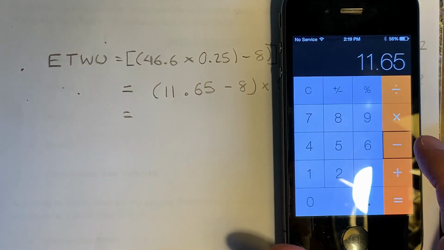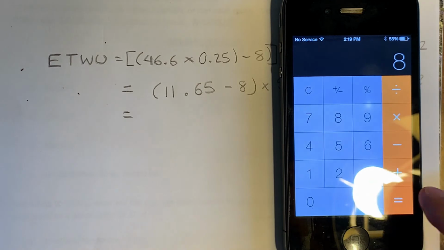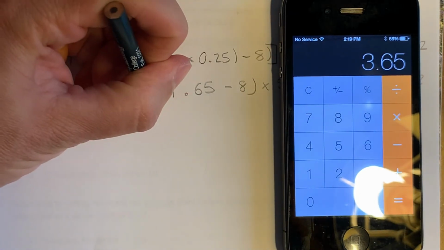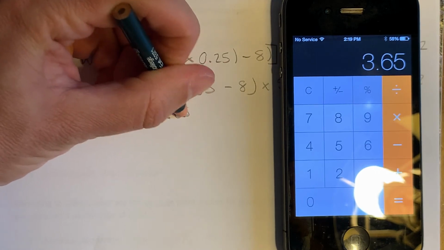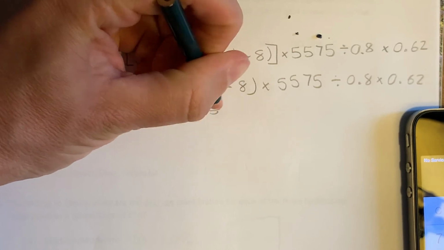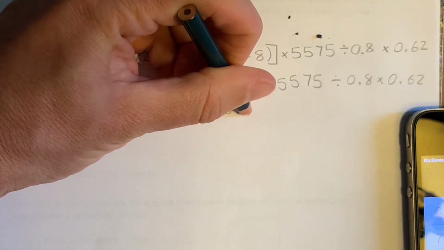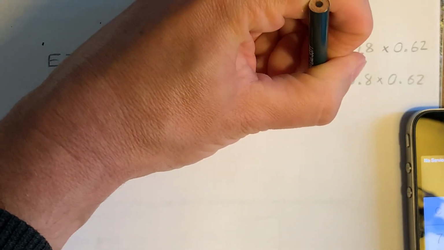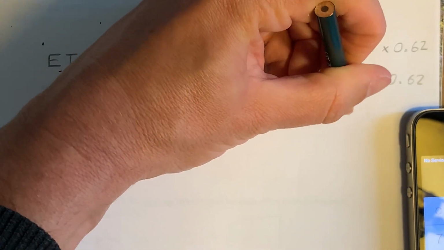Continuing to follow our parentheses, we get 3.65 times 5575 divided by 0.8 times 0.62.